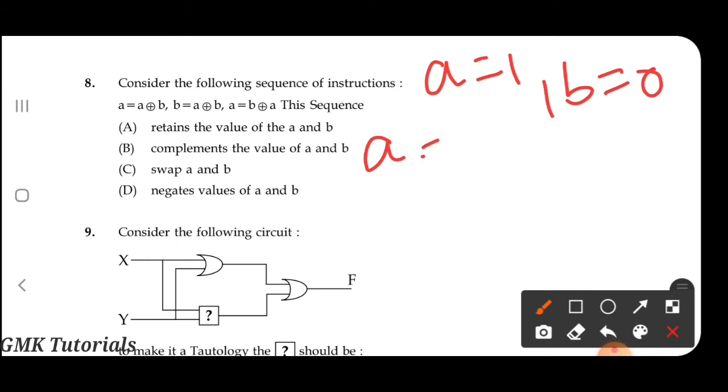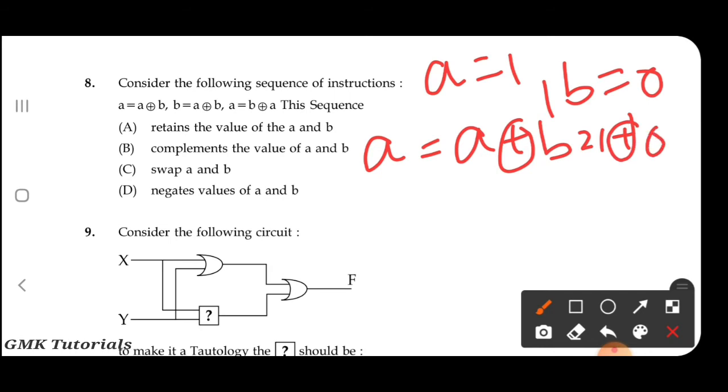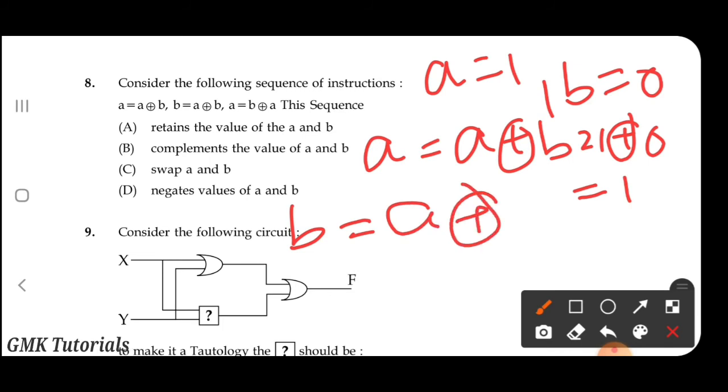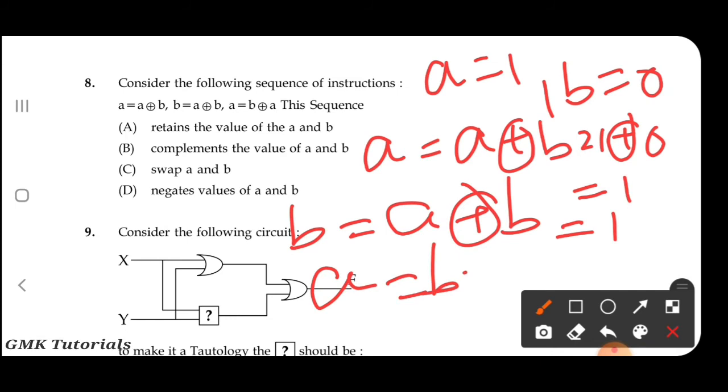In the first instruction, we will substitute 1, 0. The output is 1. So A is equal to 1. Same like B is equal to A XOR B, equals 1. And A is equal to A XOR B.